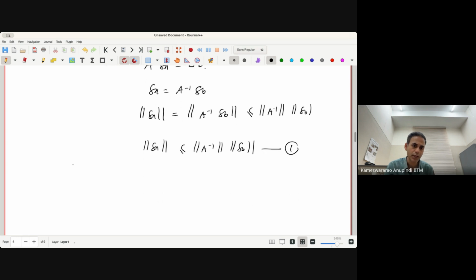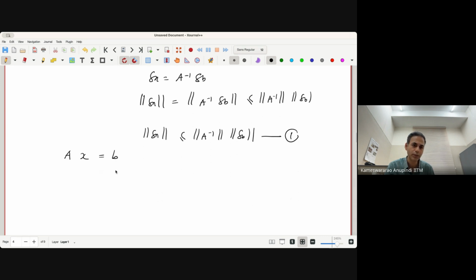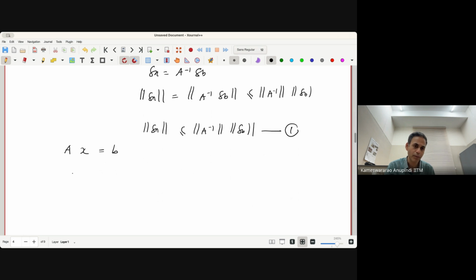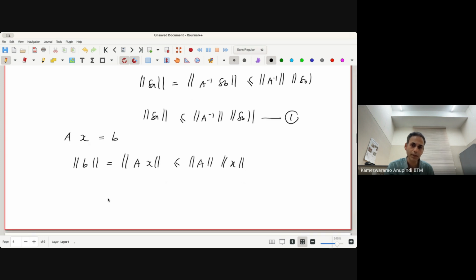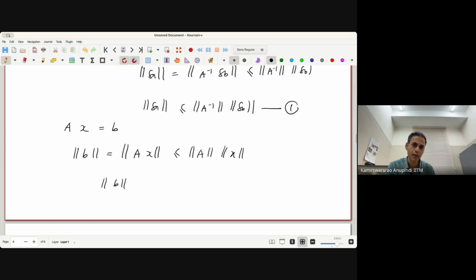And then our original equation is basically A times X equals B. Here also I can apply the norms: norm of B equals norm of A times X. But then I know that this is less than or equal to norm of A times norm of X. That is the second equation I have.